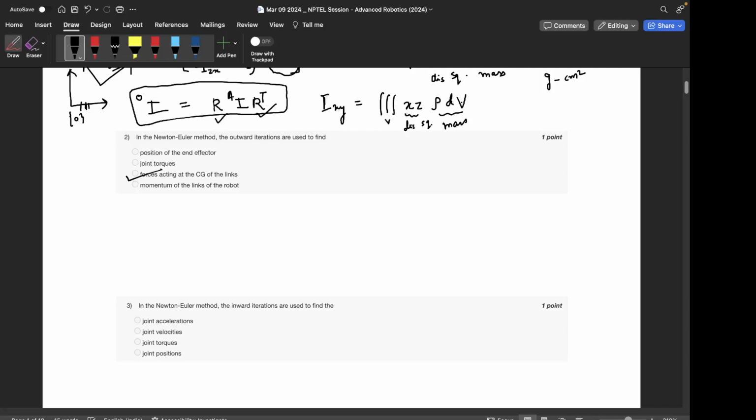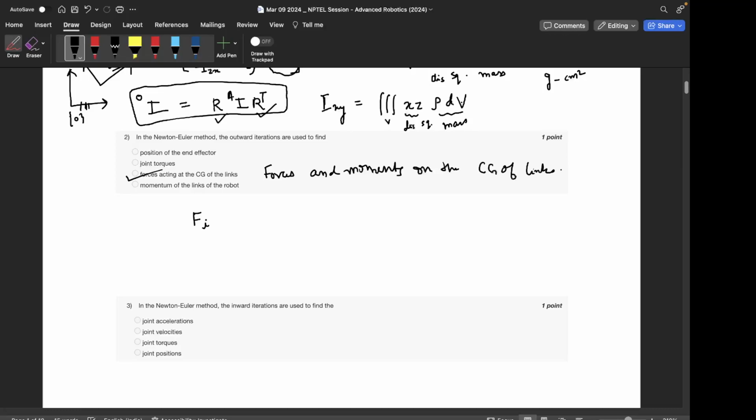So this is the correct answer. Not only forces, but also torques or moments on the CG of links. This is what we got when we did outward iteration of the manipulators.